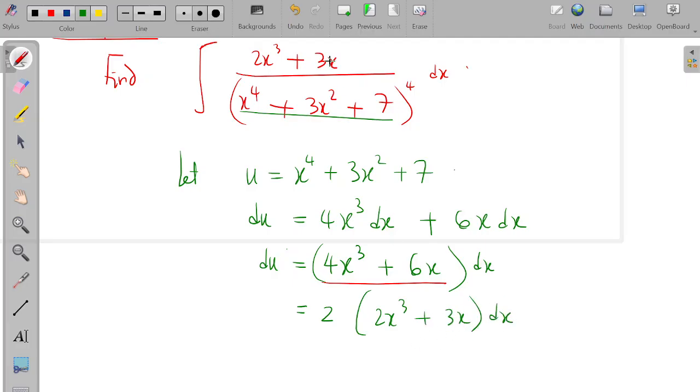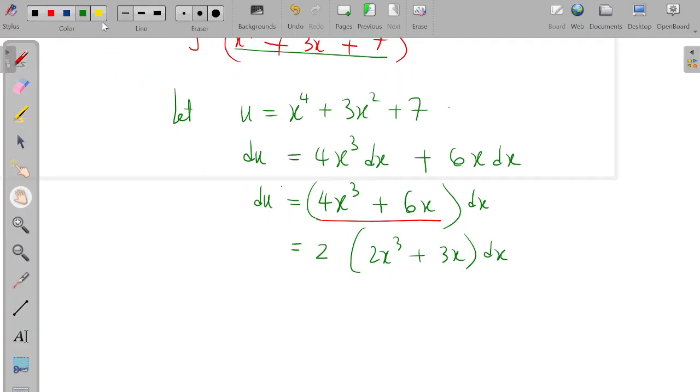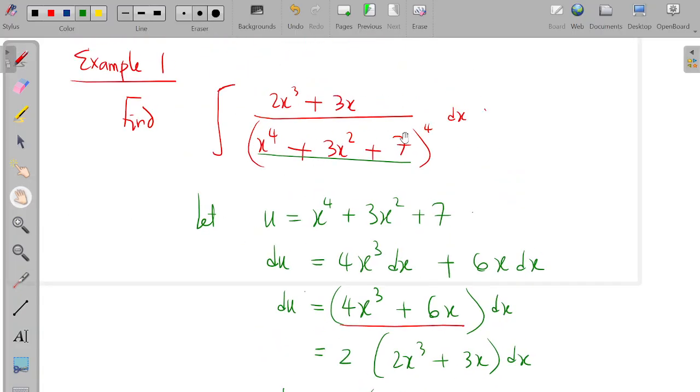Now this is exactly what we have at the numerator, but with a multiplication of 2. So I can take the 2 away and divide du by it. So du divided by 2 will be equal to (2x^3 + 3x) dx.